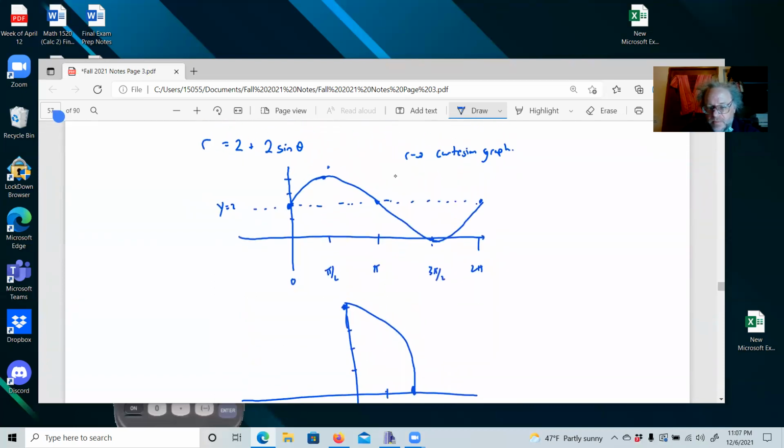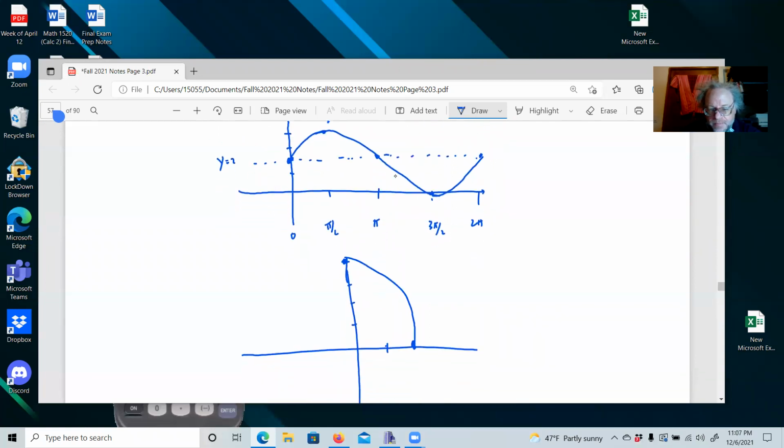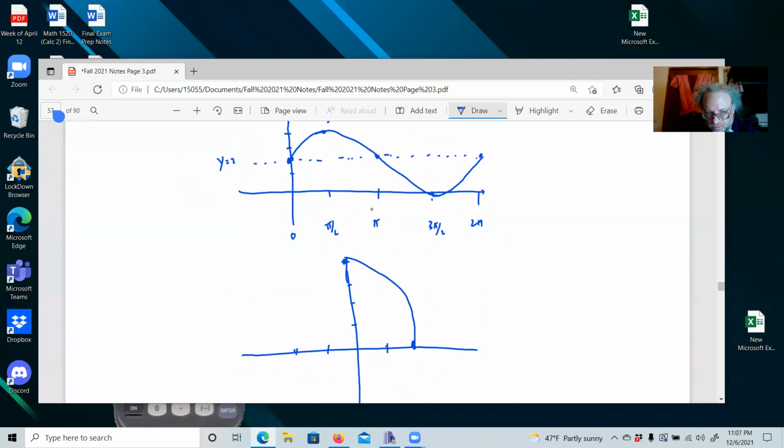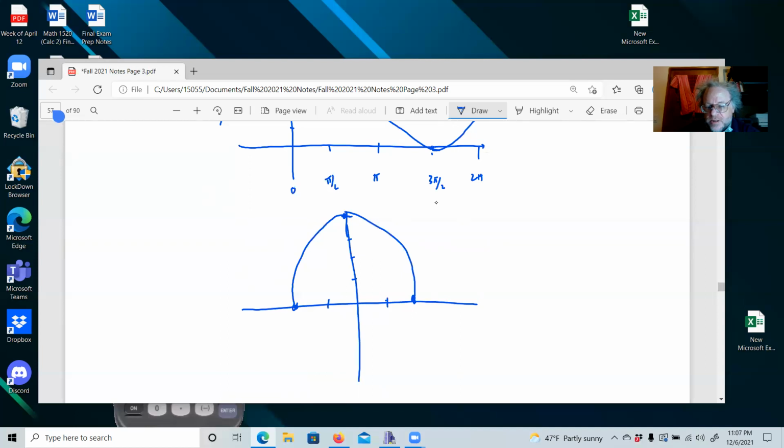And then we come back down. So we are at pi, and that's over here. The sine of pi is 0, so r is simply going to go back to being 2. Okay. And then we get to 3 pi over 2, right? That's going to go to 0. So what's going to happen is we're going to come out here, and then come in, because at this point here, it's 0, so it's going to touch the origin.